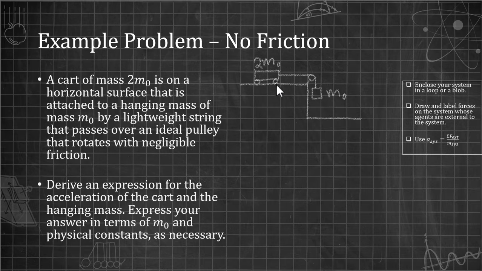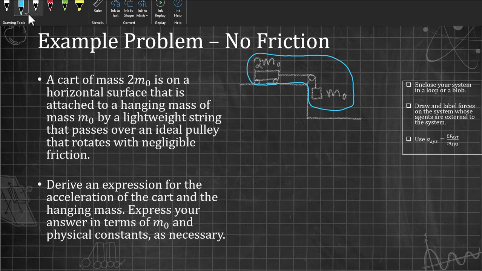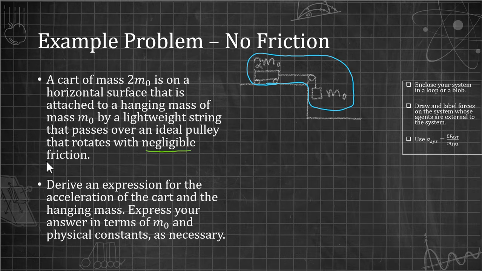We're going to draw a loop around our system, and then we're going to draw any external forces, or forces coming from the environment, on objects in the system. We know that gravity is pulling down on both objects. It's pulling down on the 2m object by 2 m naught times g, and it's pulling down on the hanging mass by m naught times g.